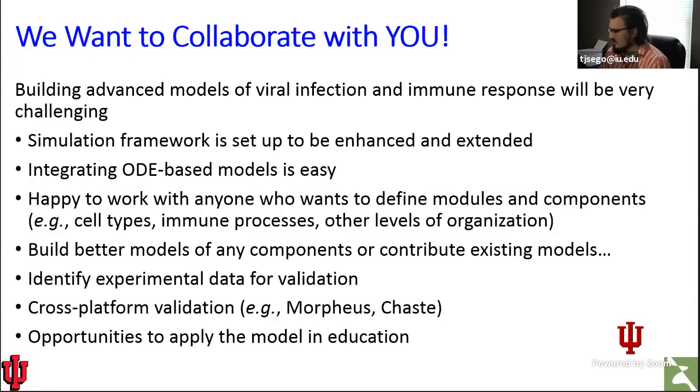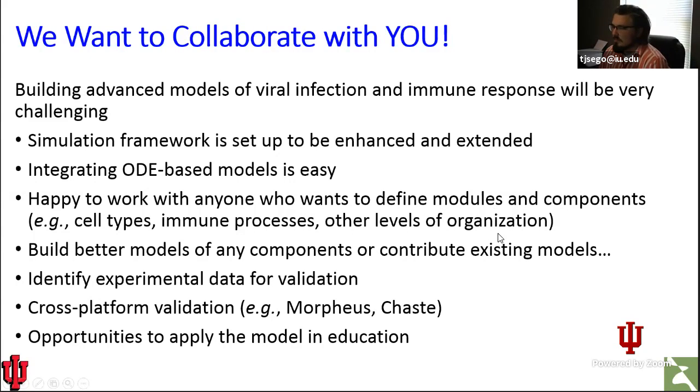As we've mentioned a couple of times, we are very eager to collaborate to continue developing this framework. As you can see, there's a lot to be done with it still. There's a lot of complexity associated with viral replication and infection that spans from the subcellular all the way to the whole body scale. So we're very eager to work with both modelers and experimentalists alike.